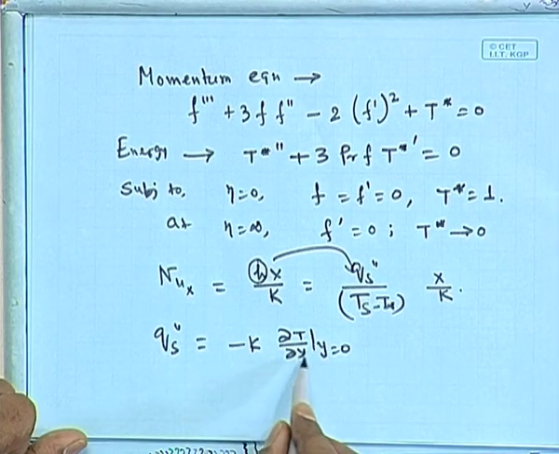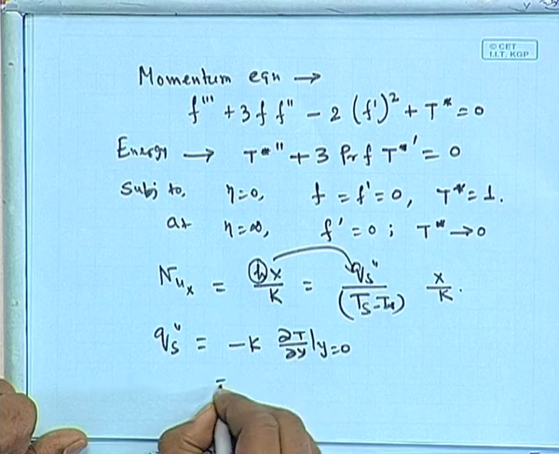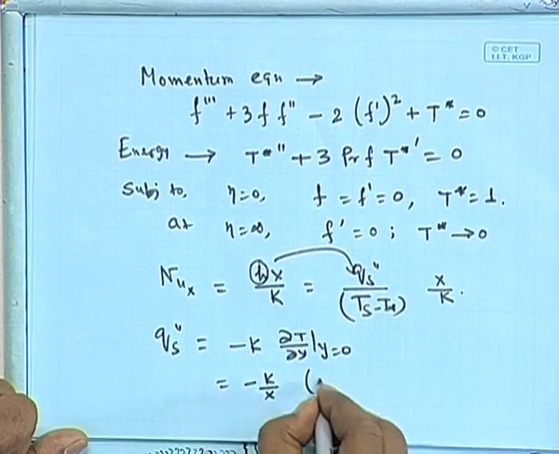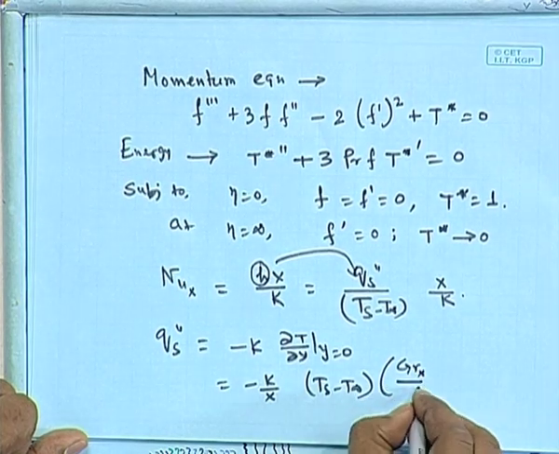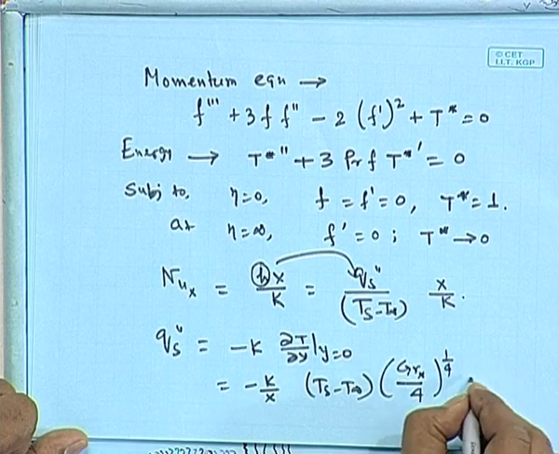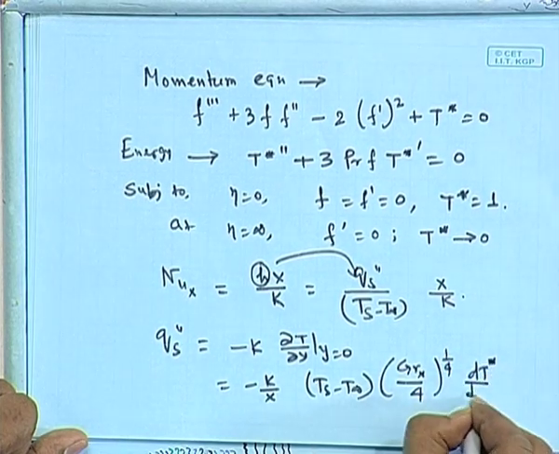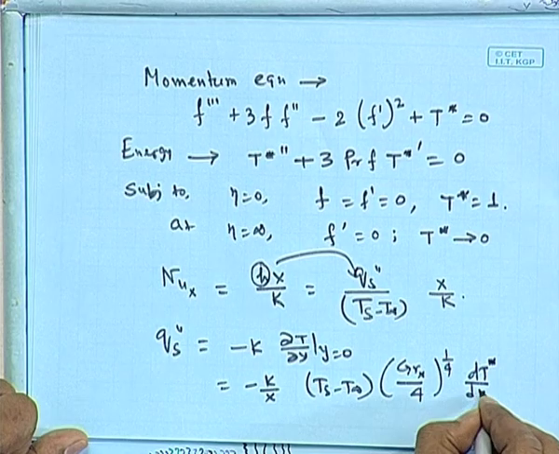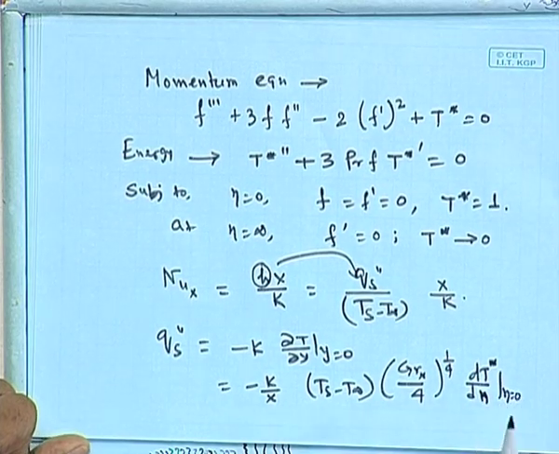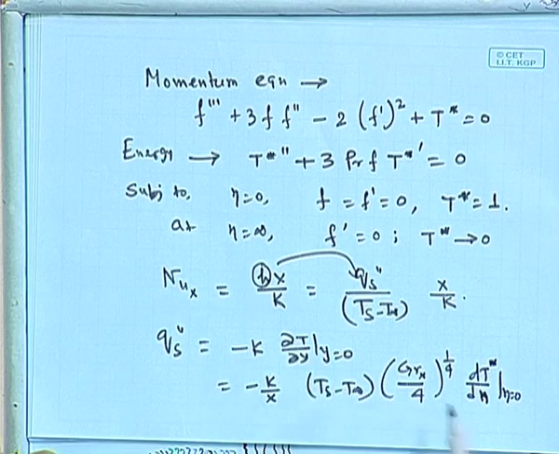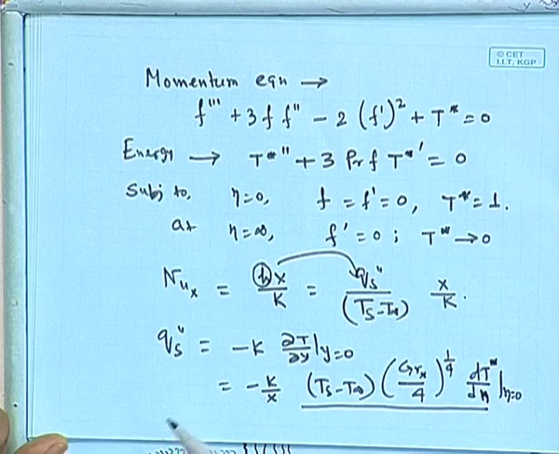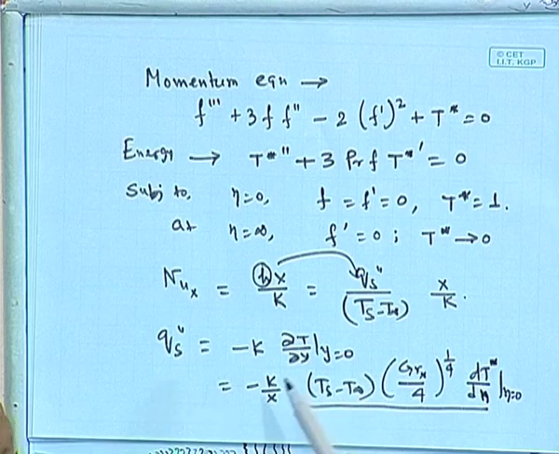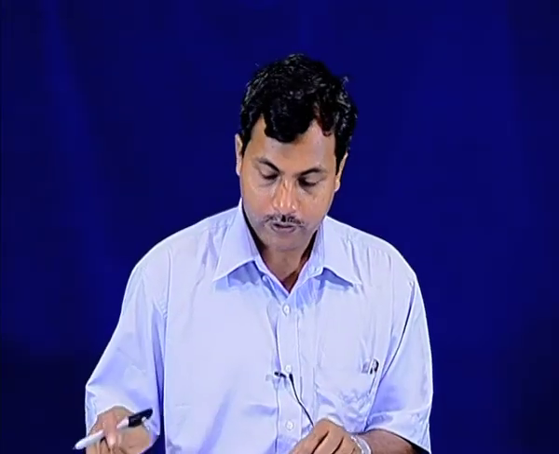Now, minus k del T del y in terms of eta becomes minus k by x, Ts minus T infinity, local Grashof number raised to the power 1 by 4, dT star d eta at eta equal to 0. These can be written in terms of eta like whatever we have done previously, and that will be the final form of heat flux at the wall. Basically, you will be evaluating del T del y in terms of del T del eta, that you are writing only.